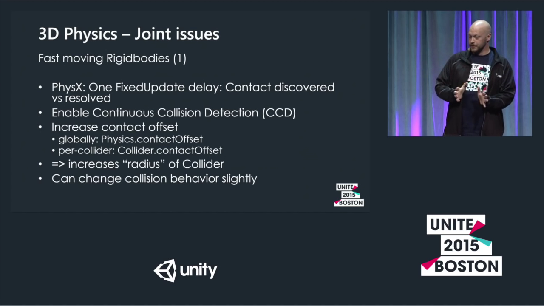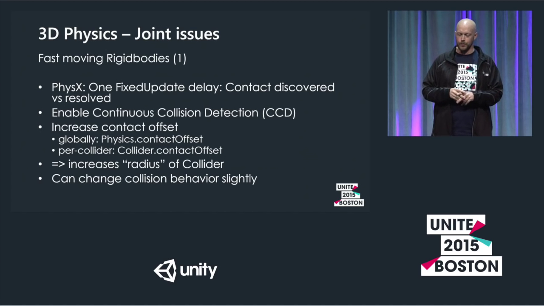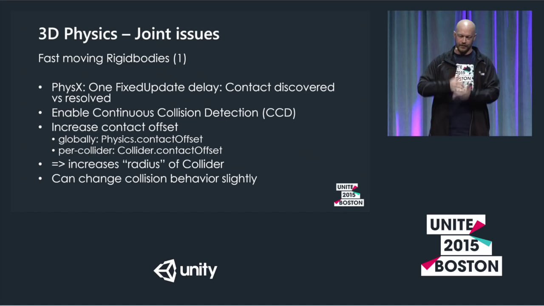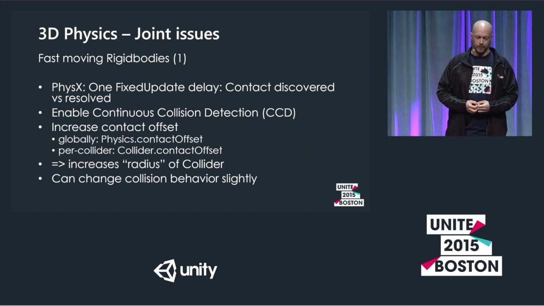It has a cost though, so don't just crank it up all the way on every single object in your scene, because then everything has to collide with each other, and things go a bit slower.